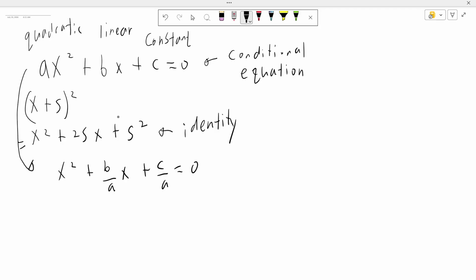Okay, so why we want to use this to get at the quadratic formula is that in this form, you notice that x is isolated. So that means you can actually solve for x. So if we can get the quadratic equation looking like this, then we're able to solve for x. So that really is the reason.